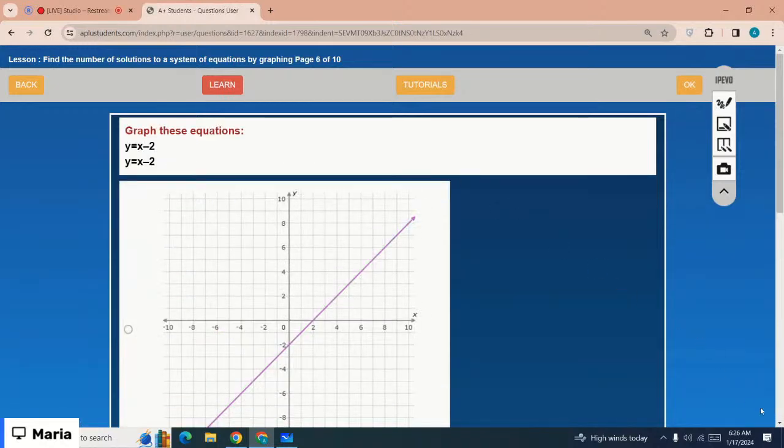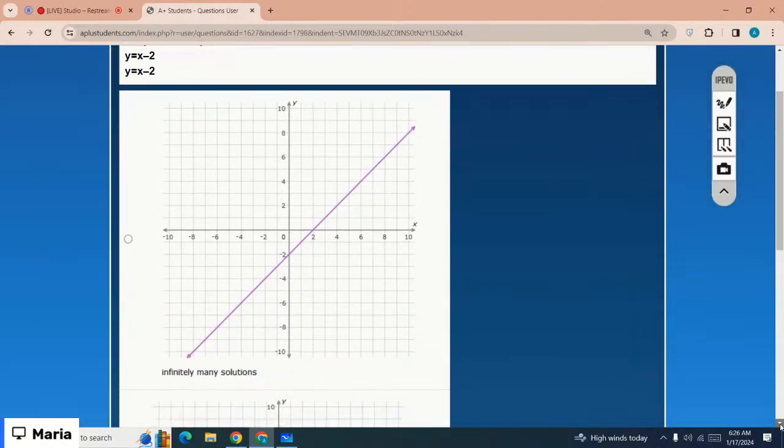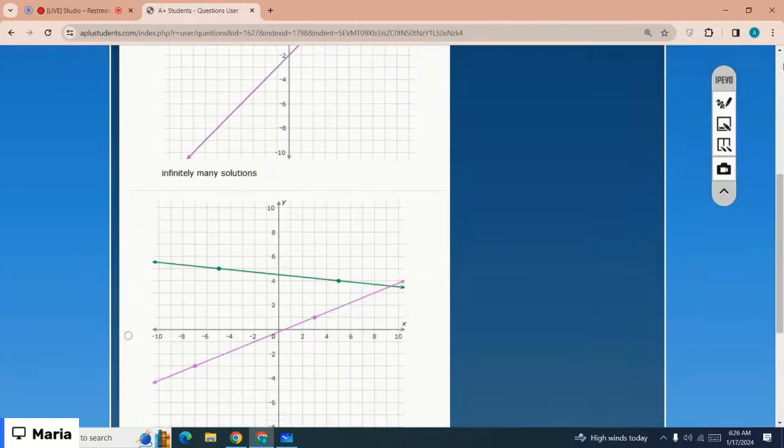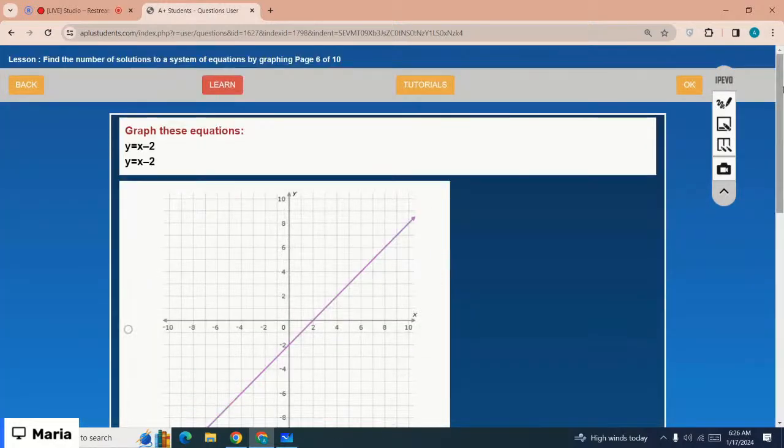Okay, graph these equations. Which is the correct option, option 1 or option 2? Just look at the equations. The equations are exactly same, right? So which is the correct option?